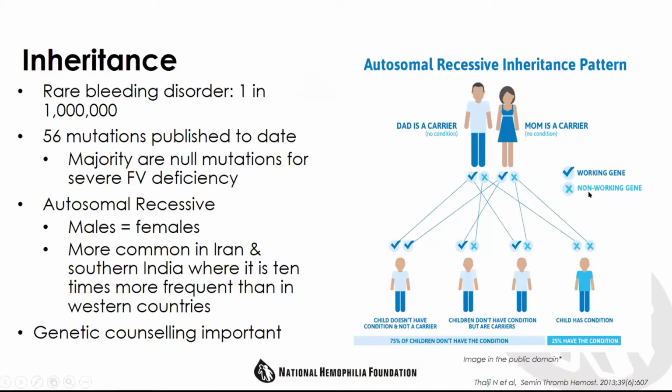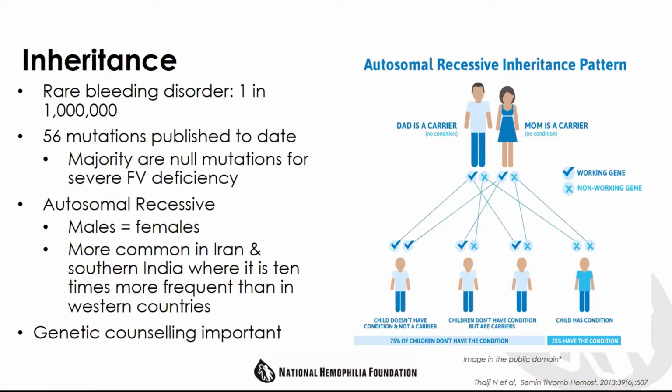So what is an autosomal recessive disorder? As you can see in this figure on the right, both the parents carry the mutant gene. As a result of this, the child carries a copy of the mutant gene, one from the father, one from the mother. So 2 copies of the mutant gene are present.